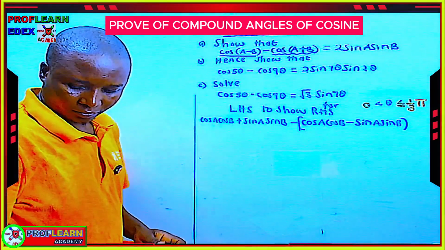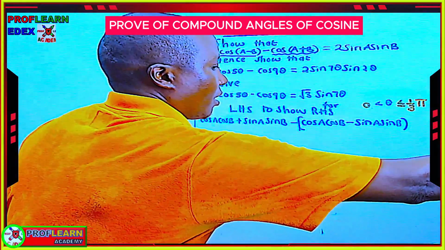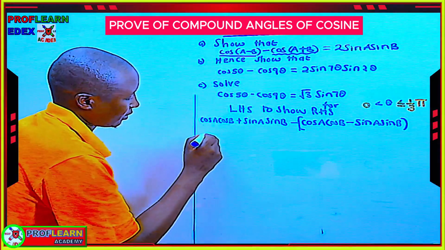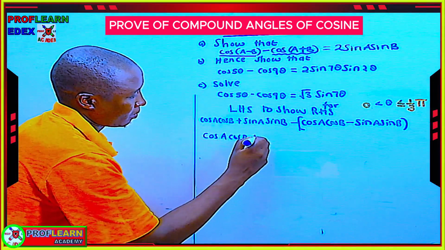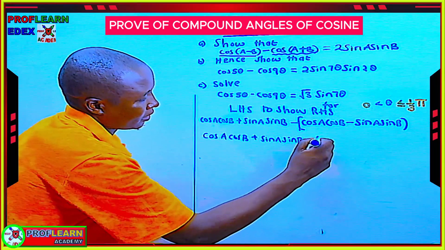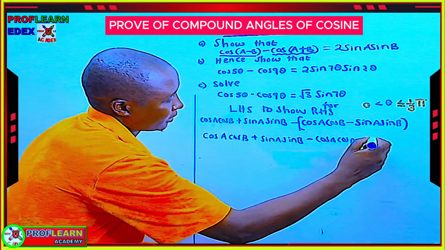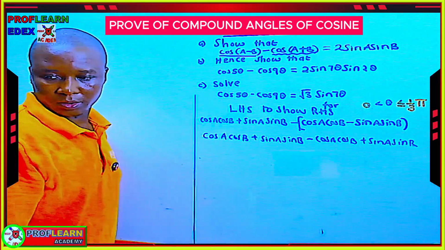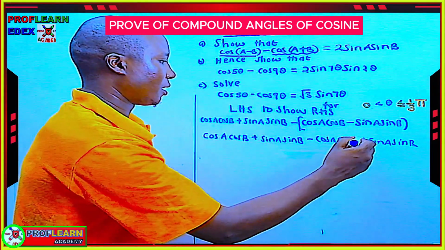So if we simplify whatever we are having in our question here, we are going to have cos A cos B plus sin A sin B minus cos A cos B plus sin A sin B. Because if you multiply this negative and this negative, it becomes a plus.